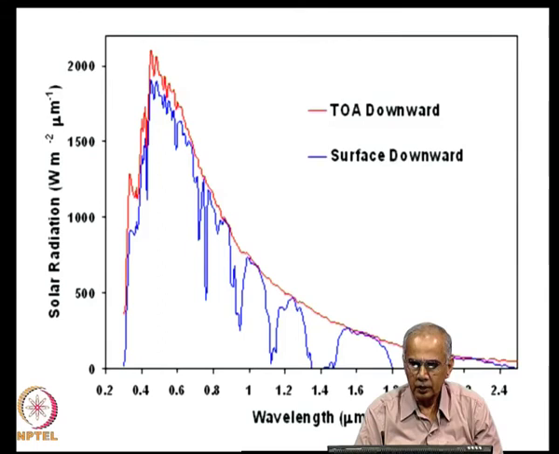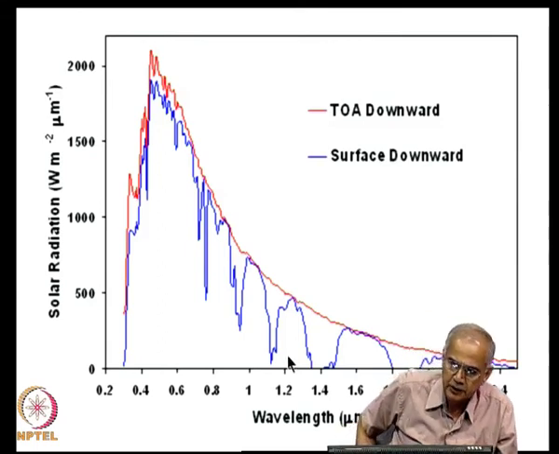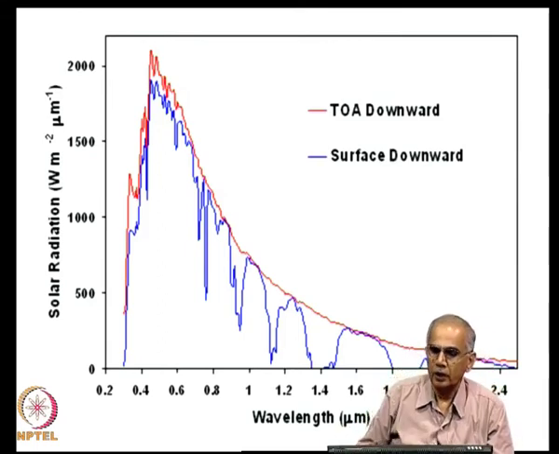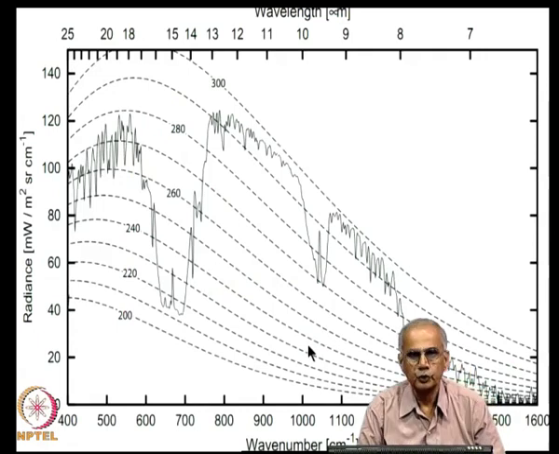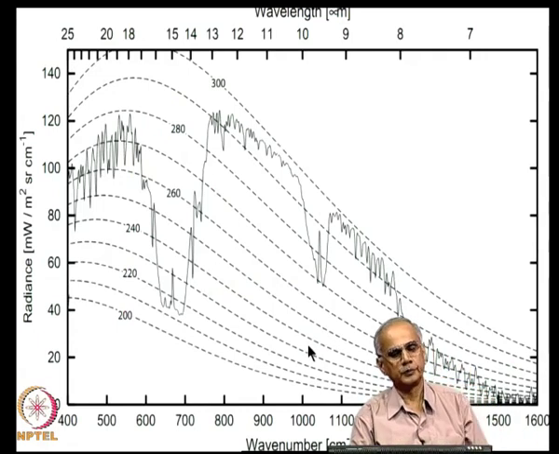And so, blue is the spectra observed at the earth's surface, while orange is the spectra at the top of the atmosphere, and wherever these two differ is due to absorption by molecules.